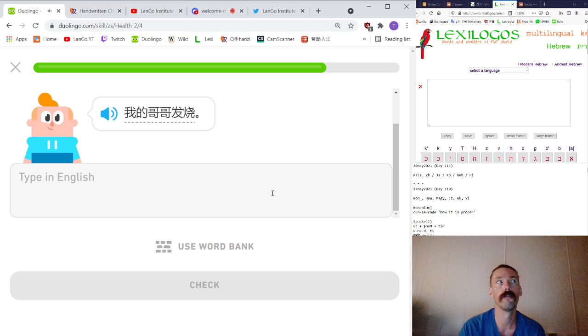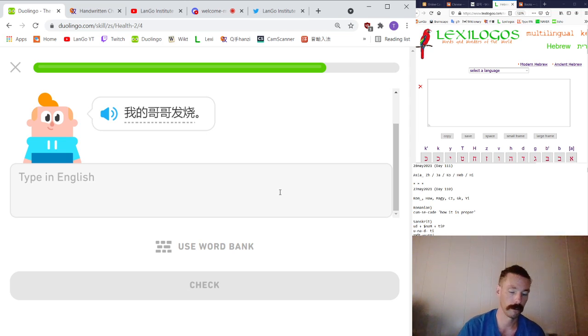That same verb phrase for have a fever. Quite a delay, it seems. Yeah. If the connection's not great tonight. Okay, 我的哥哥发烧. What's the tone on 发烧?